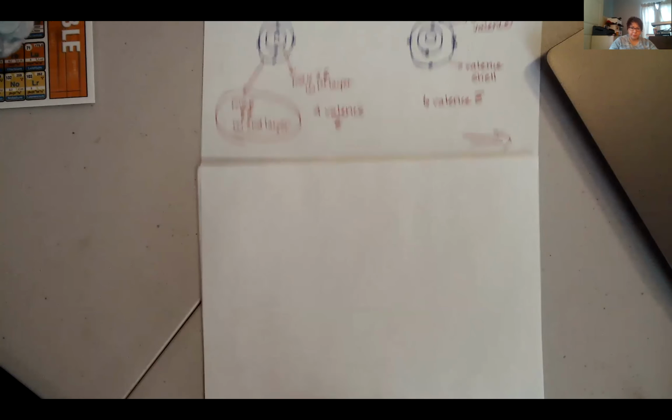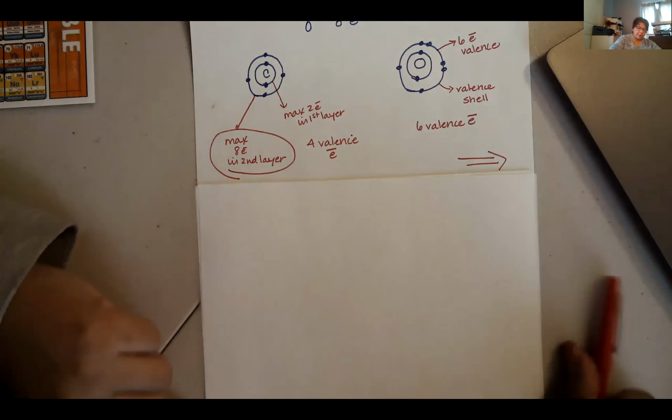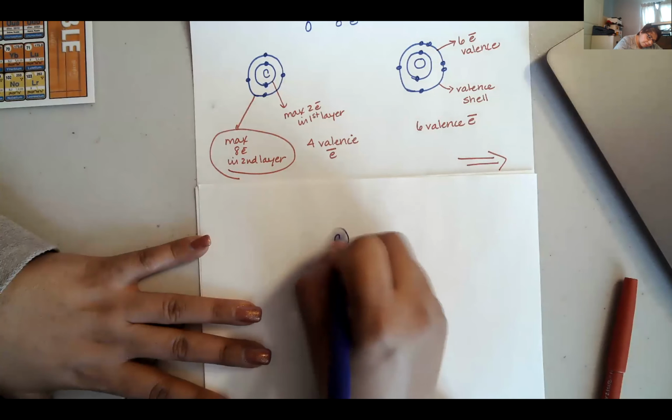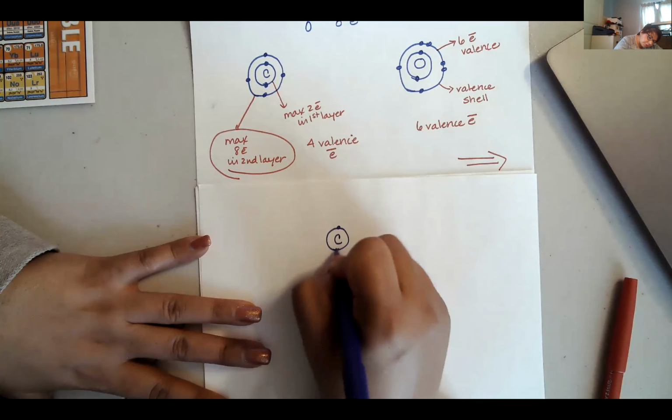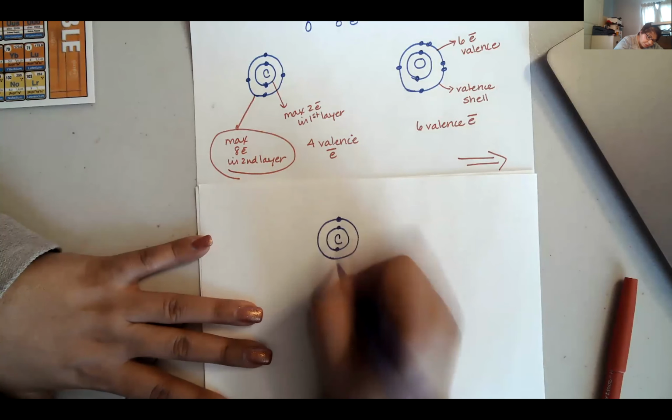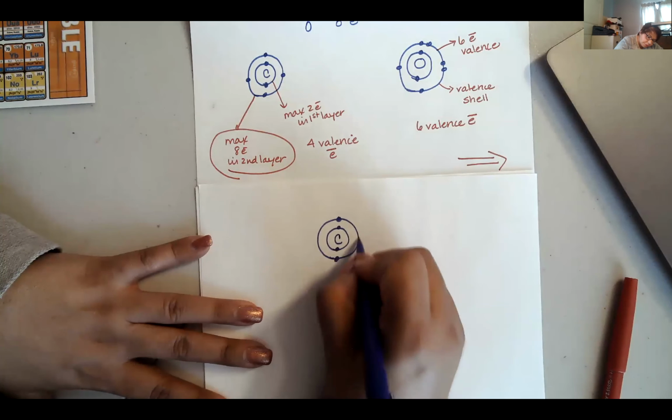Well, if we take that 1 carbon and 2 oxygen atoms, and I arrange them like this, here's carbon with its 2, and then 1, 2, 3, 4. And then I draw next to it oxygen.